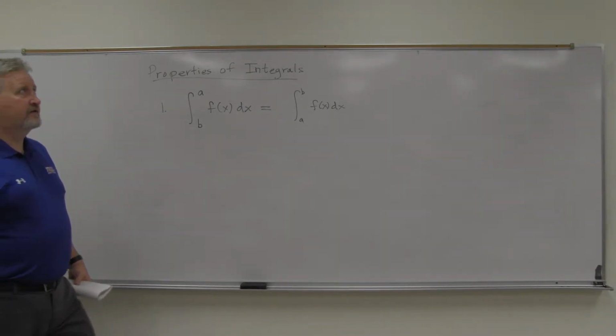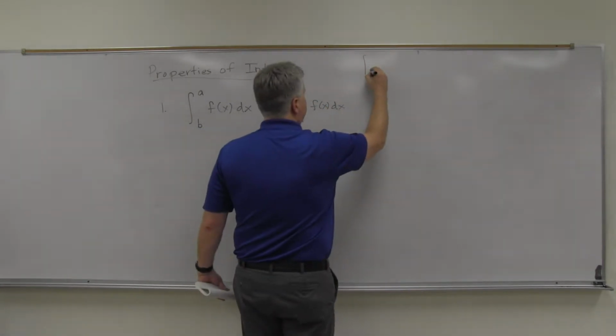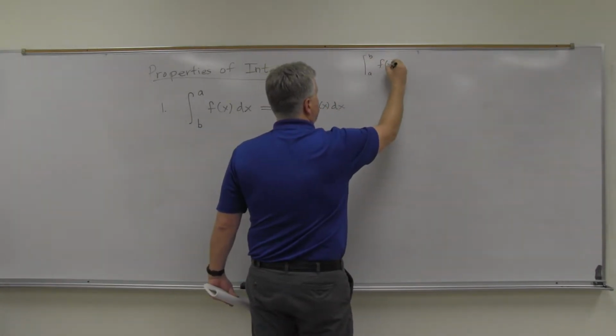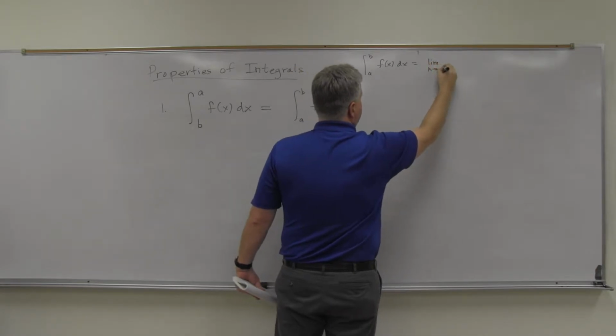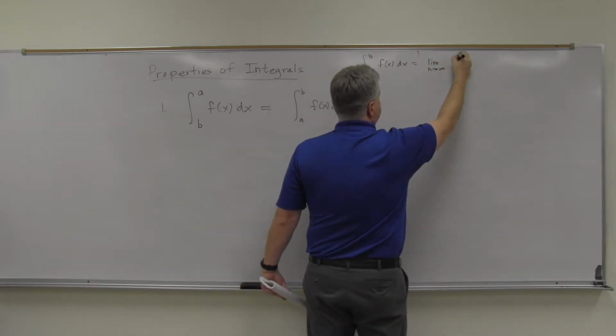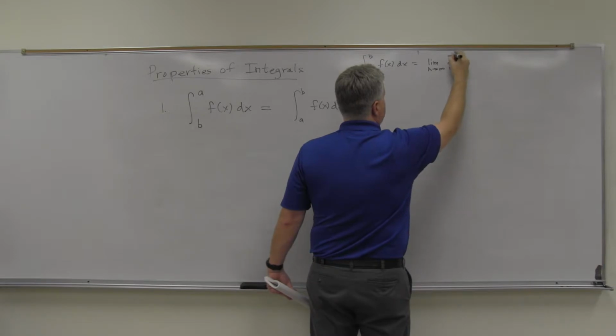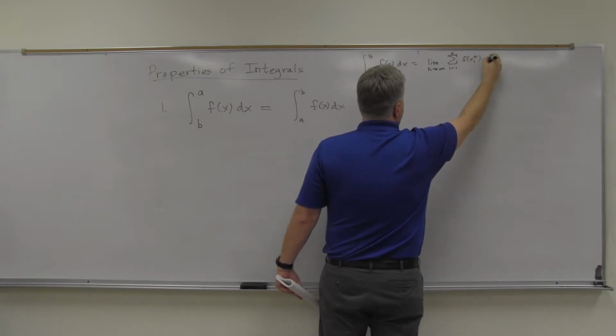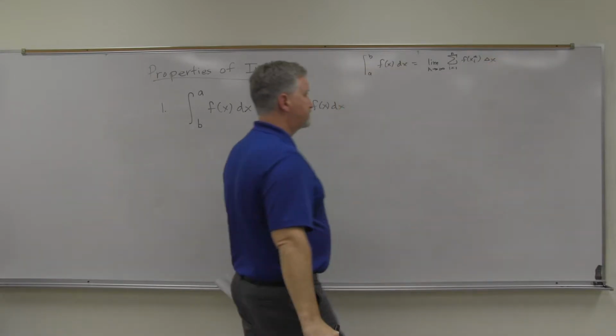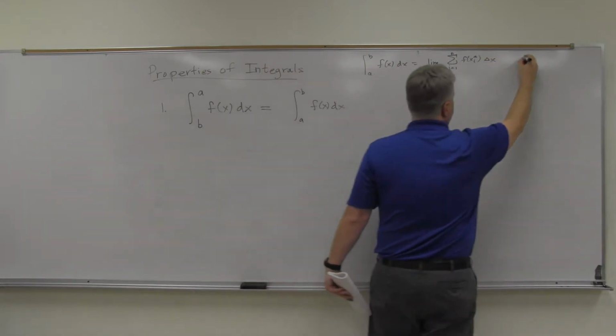It's tied in to the definition, which I just had written down: the limit as n goes to infinity of the summation i equals 1 to n, f of x sub i star, delta x, where delta x is b minus a over n.